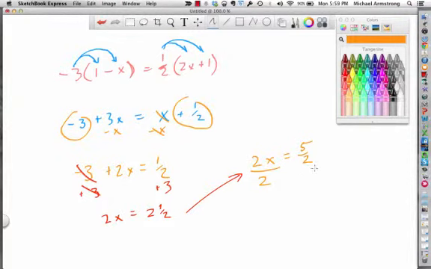And when you divide a fraction by the number 2, that's a little complicated. So I'm going to show you how to do that. When you divide with fractions, you want to multiply by the reciprocal. I know you remember that. So x is equal to 5/2 times, instead of 2, it's going to be 1/2.